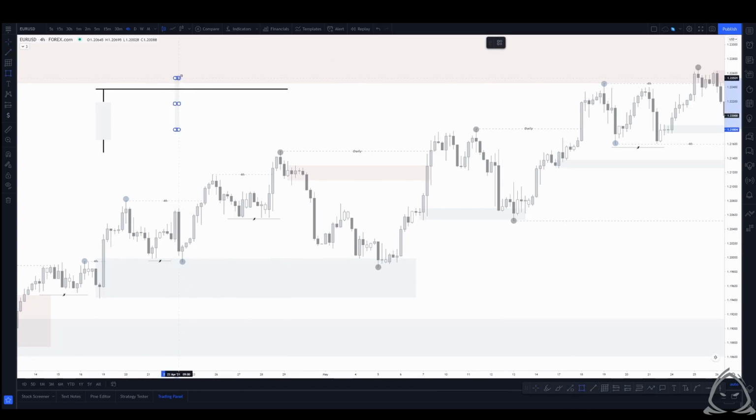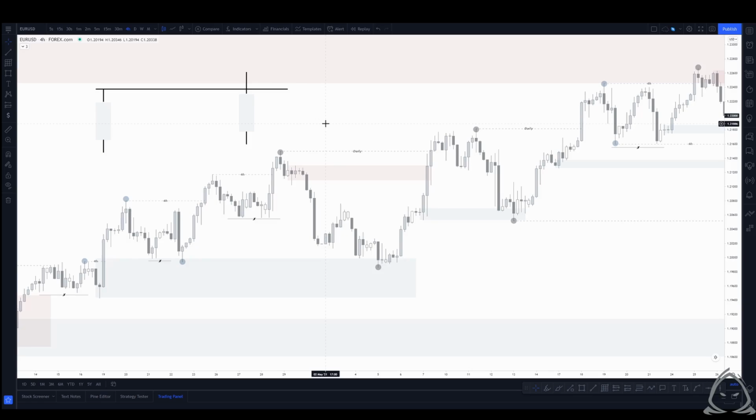I would only consider this structure broken if we break and close above the previous high. So if I see future price action breaking and closing above this previous high, I would count that as a break of structure. Now, on the flip side, if price just does something like this, to me, that's not a break of structure. That is a liquidity grab.